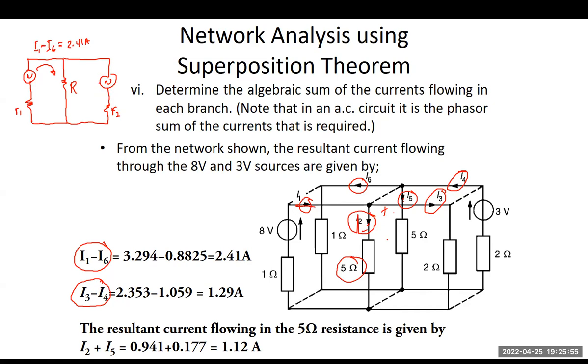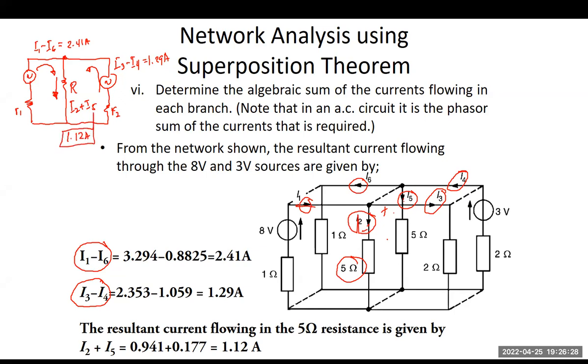And yung ating current flowing here would be equal to I3 minus I4, and that will now be equal to 1.29 amperes. And the current flowing through R5 would be I2 plus I5, and that is equal to 1.12 amperes.